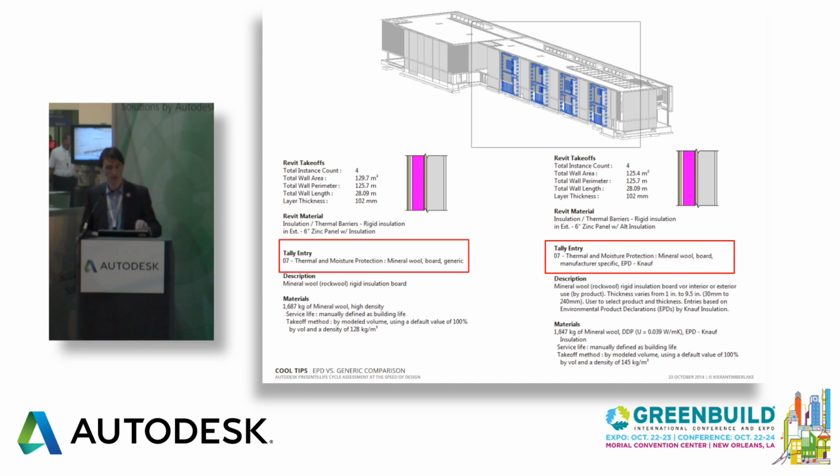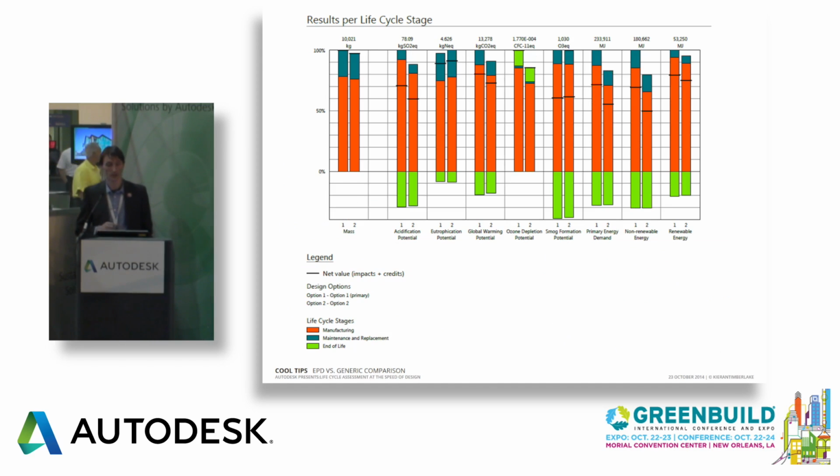So you'll see in this image before you, we simply ran a design option comparison comparing a generic material to one that was associated with a specific manufacturer. And we could see the impacts associated with that substitution right here. So this one actually came out quite favorably for this manufacturer.